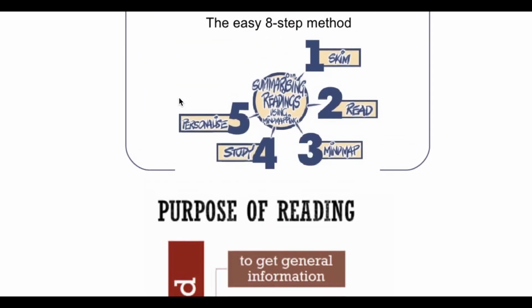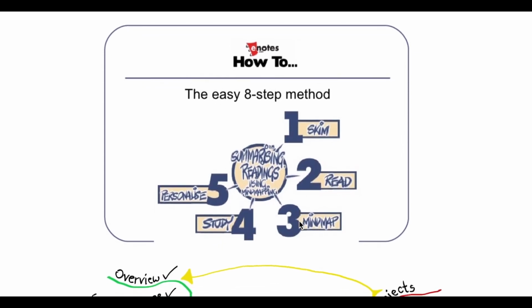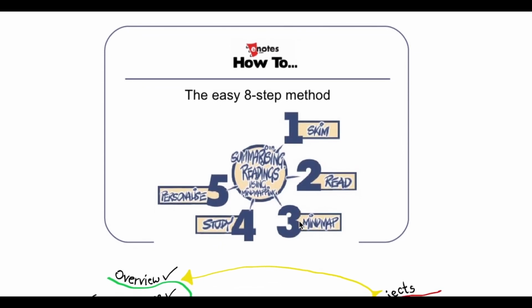Now, once you have done the reading and the skimming, we can now proceed with number three, which is mind map. So, mind map is, in simple words, a way to organize your thoughts into a better structure. Remember the first episode was about creating charts and diagrams, like Venn diagrams.